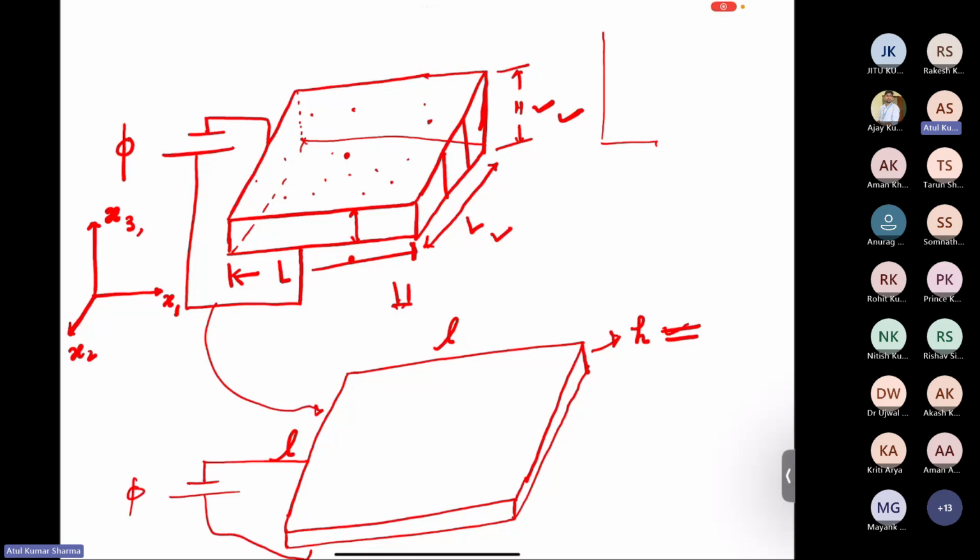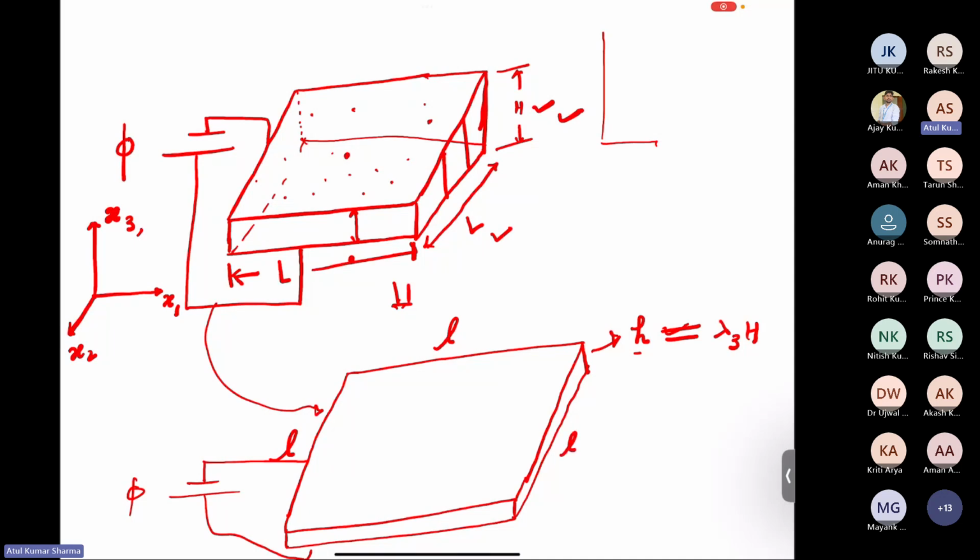Let's say small h is nothing but a quantity lambda 3 times capital H. If you know lambda 3, then you can find the contraction in the thickness direction.